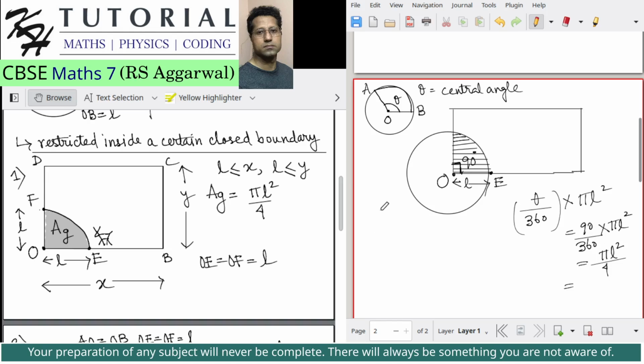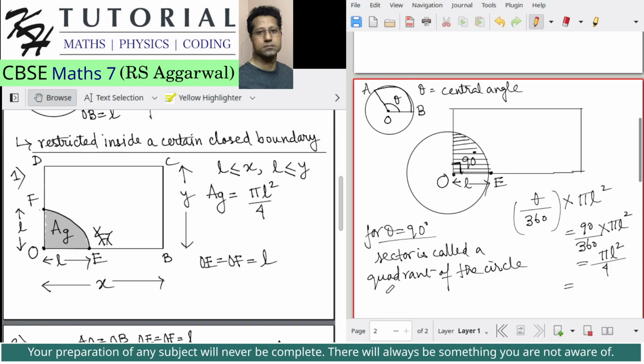So for theta equal to 90 degrees, a sector is called a quadrant of the circle, or a quarter of a circle.